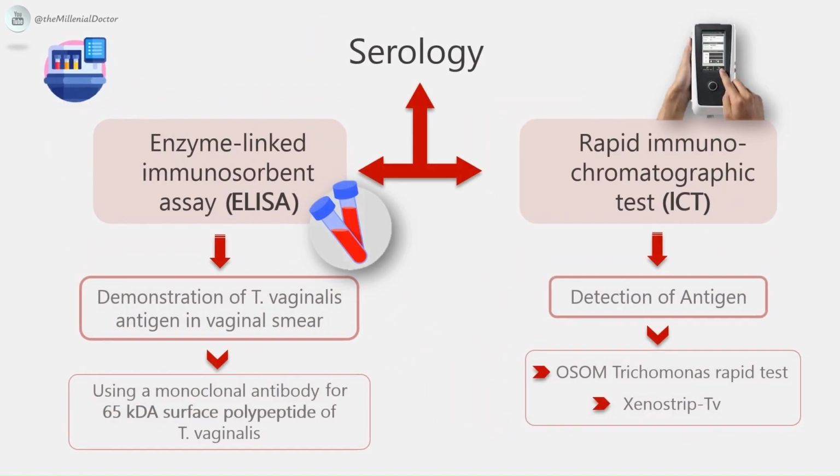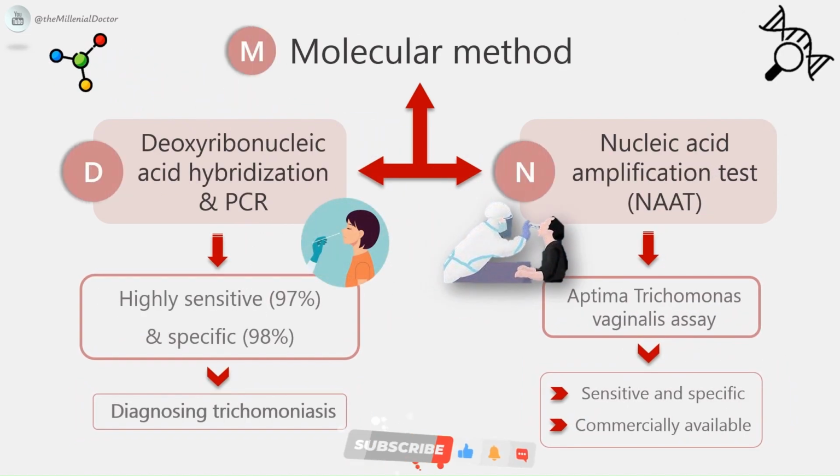Then the serology. Enzyme-linked immunosorbent assay, that is ELISA, is used for demonstration of Trichomonas vaginalis antigen in vaginal smear using a monoclonal antibody for 65 kDa surface polypeptide of Trichomonas vaginalis. Then rapid immunochromatographic tests, ICTs, are now available for detection of antigen like OSOM Trichomonas rapid test, Xenostrip TB. And lastly, the molecular method.